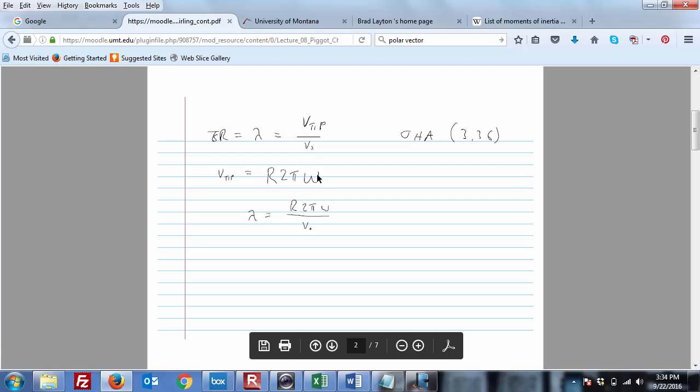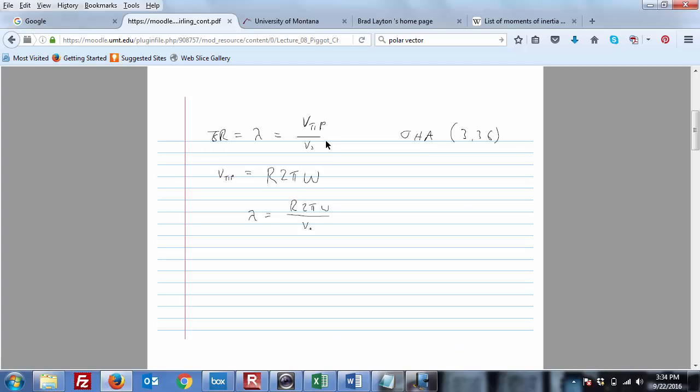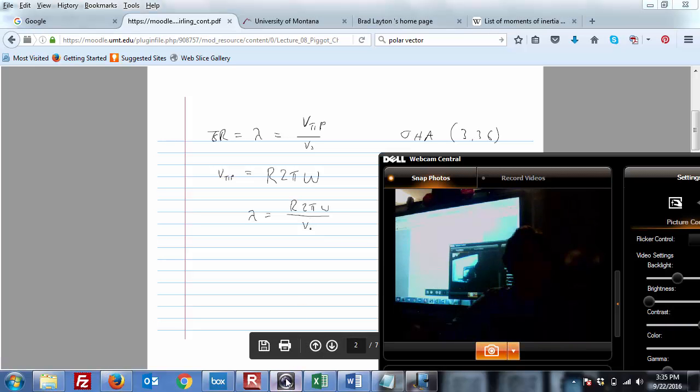Yeah. So there's tip speed ratio, JAW. So we can refer to the textbook here. Let's just look at JAW 336. Yeah. So here we are in the textbook.